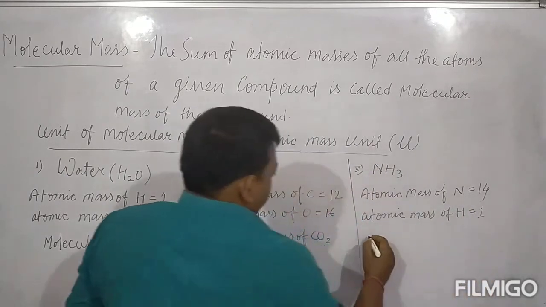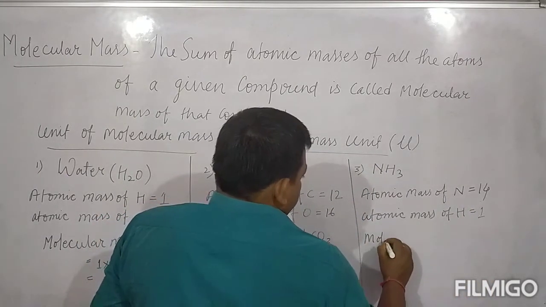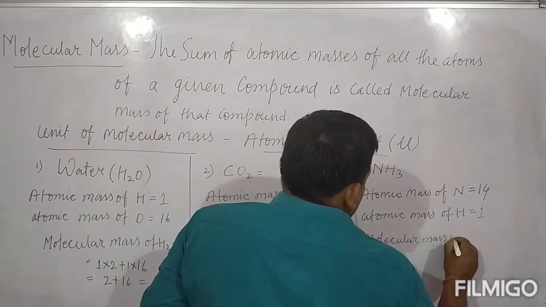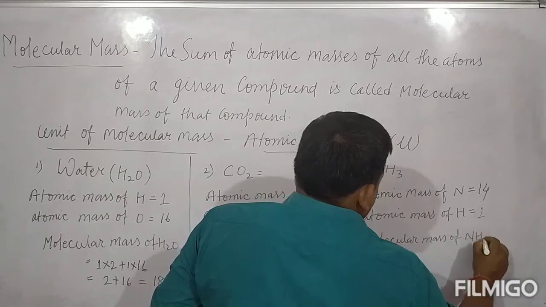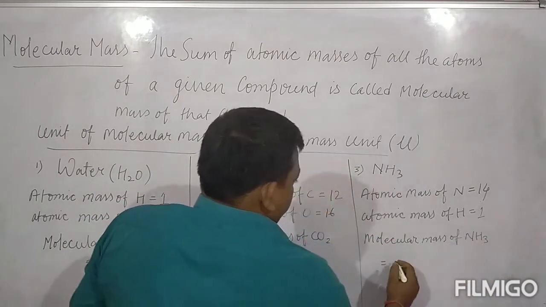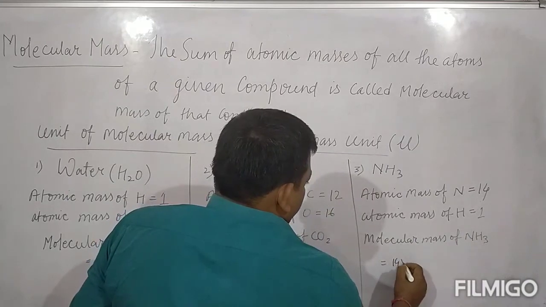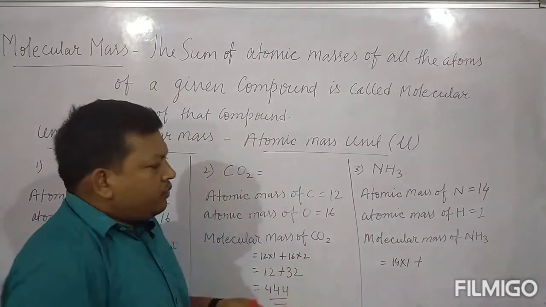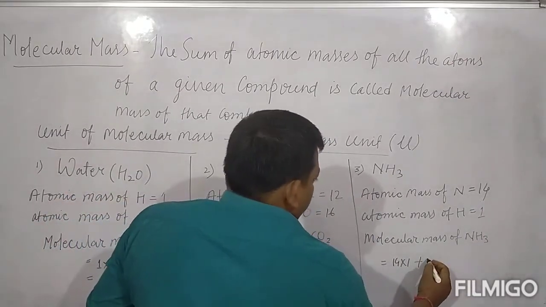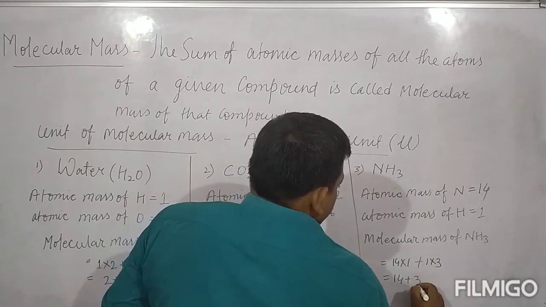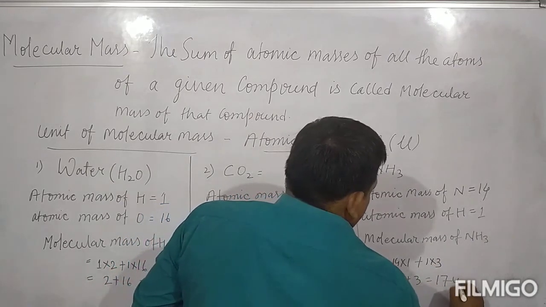So the molecular mass of NH3 equals: the number of nitrogen atoms is 1, so we multiply 14 into 1, plus the number of hydrogen atoms in ammonia is 3, so we write 1 into 3. This becomes 14 plus 3, that is 17 u.